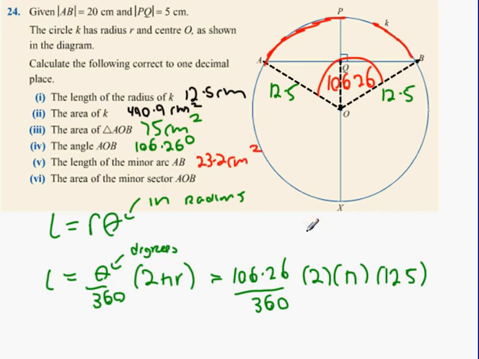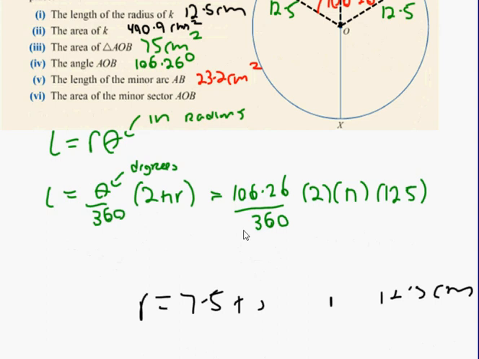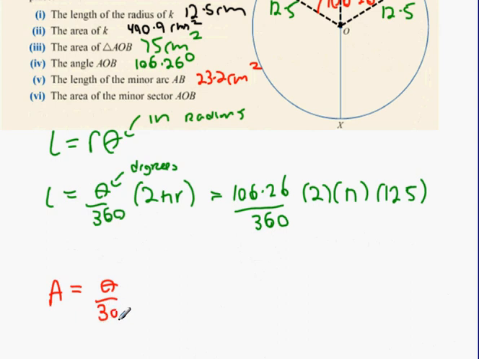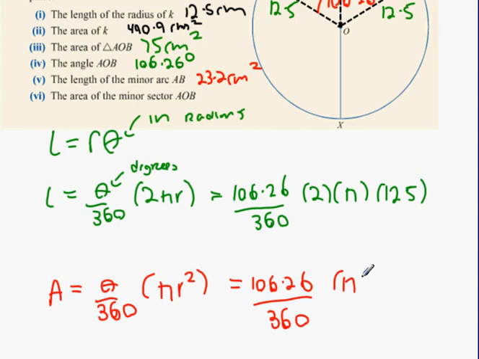Now, for the minor arc AB, they also want the area of the minor sector. So the area of the minor sector, same deal. Area equals theta over 360 multiplied by pi r squared. It's going to be 106.26 divided by 360 multiplied by pi times 12.5 squared.